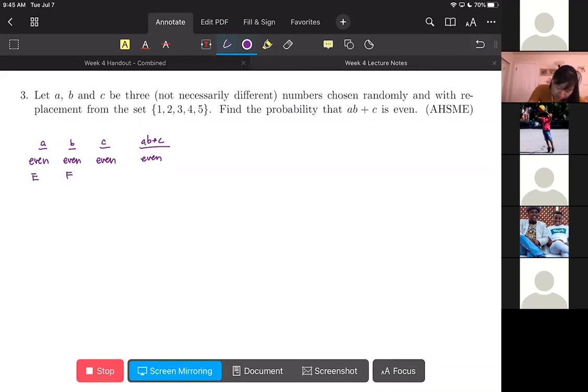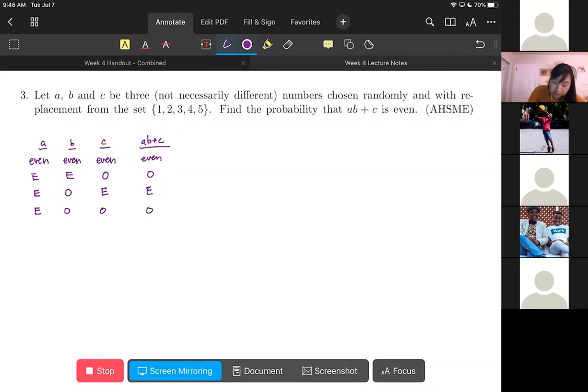Say A is even, B is even, and C is odd, then AB plus C is odd, right? So you have an even plus an odd. What if A is even, B is odd, and C is even? What do we get? The result will be even. What about A is even, B is odd, and C is odd? The result will be odd.